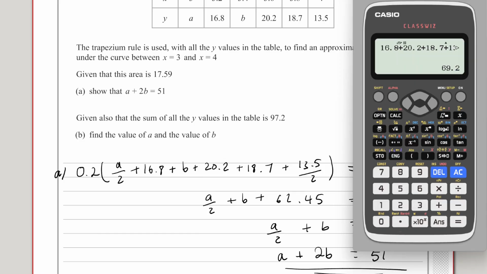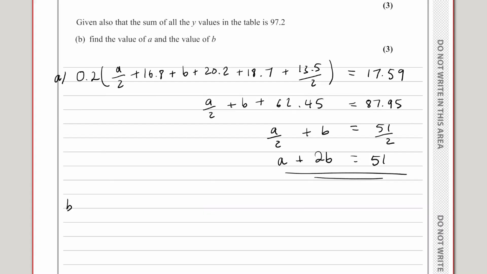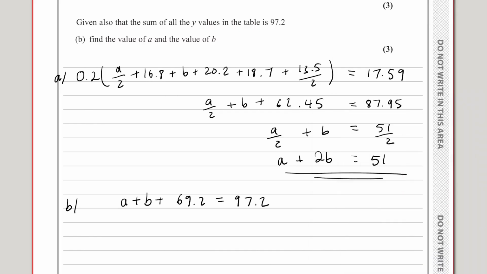So 69.2. So a plus b plus 69.2 equals 97.2. So 97.2 take away 69.2 is 28. So a plus b must equal 28.